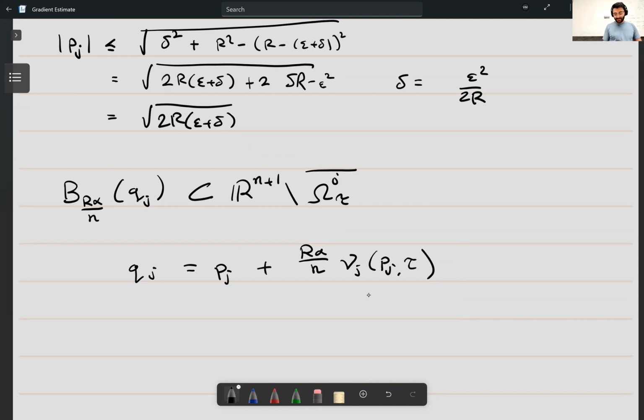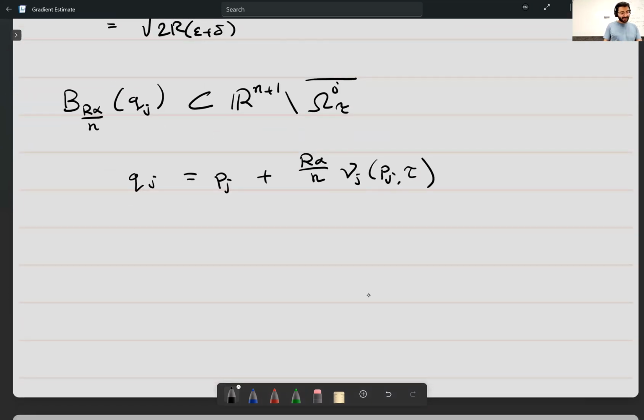So I want this nu_j, as j approaches infinity, to hopefully be pointing in the e_{n+1} direction. That's easy to show. Let's compute nu_j(p_j, tau) in the e_{n+1} direction. That's rearranging this. I get p_j e_{n+1}.